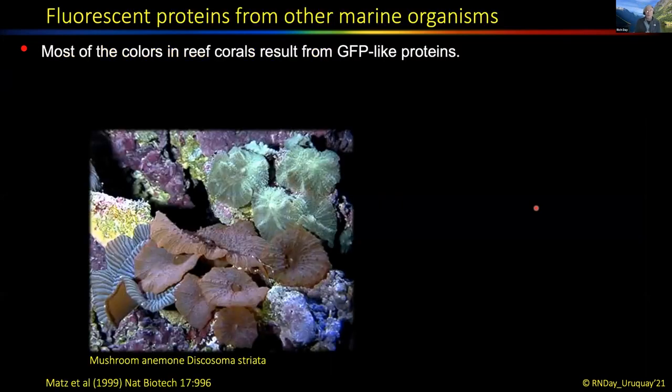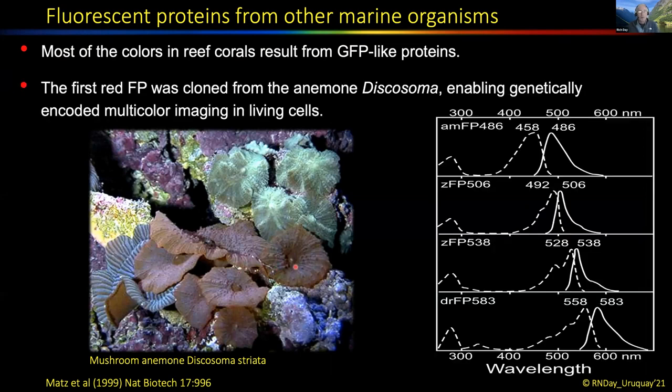One of the first ones that came out of these types of screens were the red fluorescent proteins. This was work done by Matz in Moscow, and they used reef corals and began to look for novel fluorescent proteins. And this is Discosoma striata, the mushroom anemone. And in Discosoma, they were able to identify 4 distinct fluorescent proteins, of which the one on the bottom here is the one that has been most universally used.